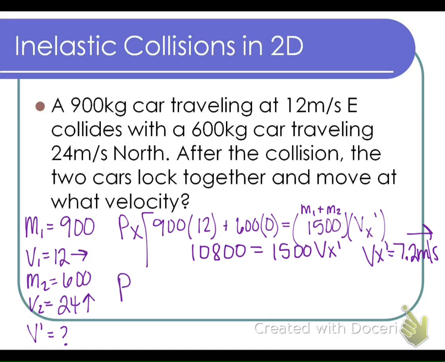Okay, then let's solve for our y. M1 times V1. Does our V1 have any vertical component? Nope. Our M2, our V2 does have a vertical component. Is it positive or negative? Positive, because it's going north.